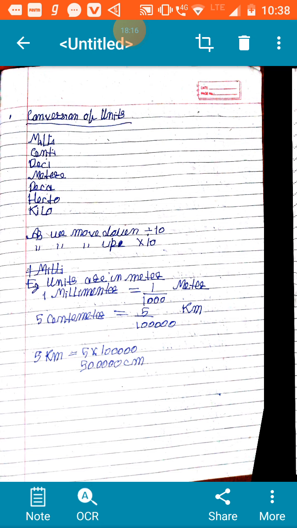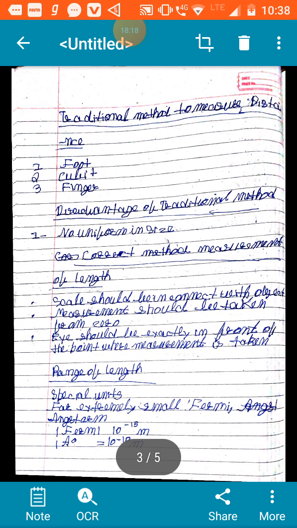The traditional methods to measure distance are foot, cubit, and finger. The disadvantage of the traditional methods is that they are not uniform in size.